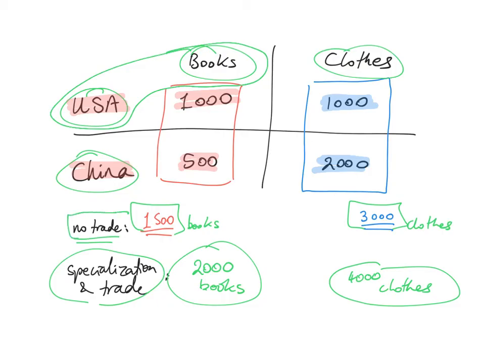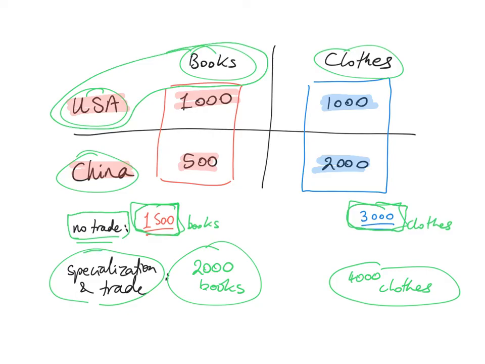If there is no trade, the United States will produce 1,000 books and China will produce 500 books. So we only have 1,500 books. And also, the United States will produce 1,000 units of clothing. China will produce 2,000, so we have 3,000 units of clothing as a world economy.